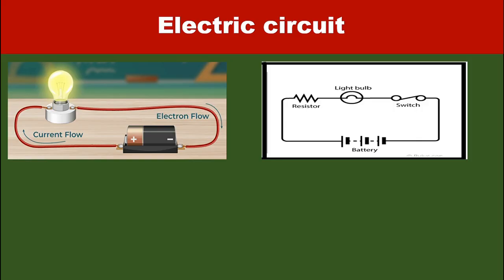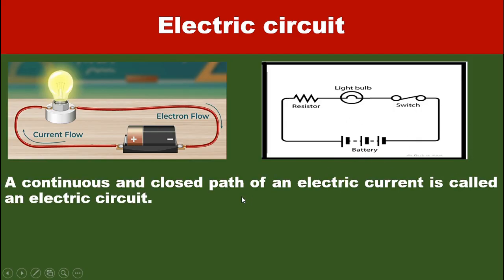You see, the positive terminal of the battery is connected to the bulb. The bulb is connected to a switch and the other end of the switch is connected to the negative terminal of the battery. This is nothing but a closed path of flowing current.